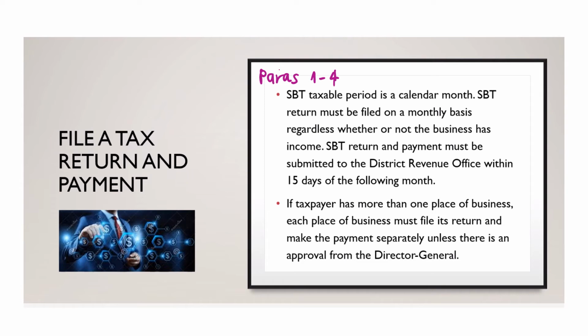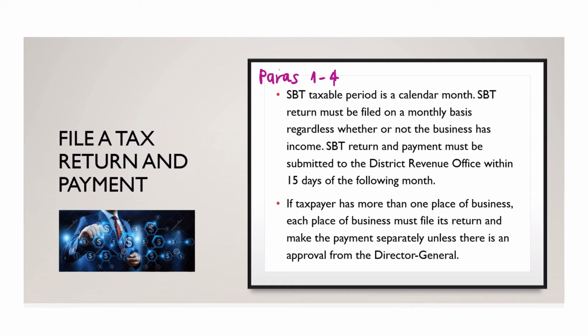The SPT tax return and payment must be submitted to the District Revenue Office within 15 days of the following month. This means you have to do this every month, and you need to submit within 15 days of the next month. I will give you some examples that I will show you later.